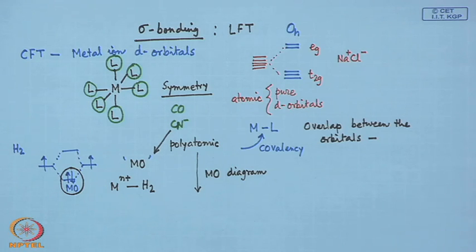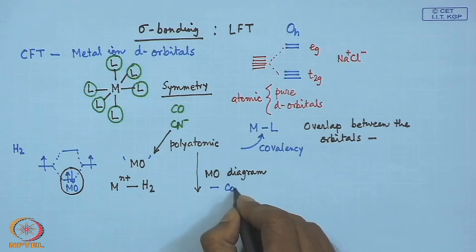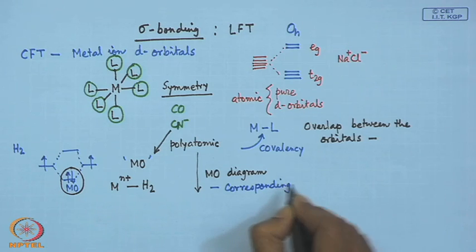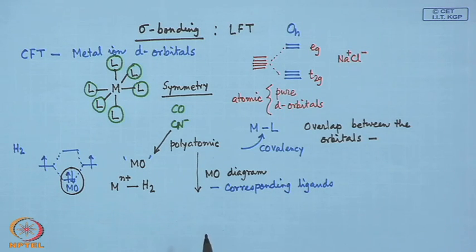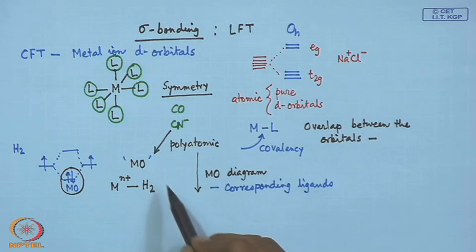We must have these molecular orbital diagrams for the corresponding ligands first, and these molecular orbitals from the ligand side can show some interaction with the corresponding molecular orbitals from the metal side.